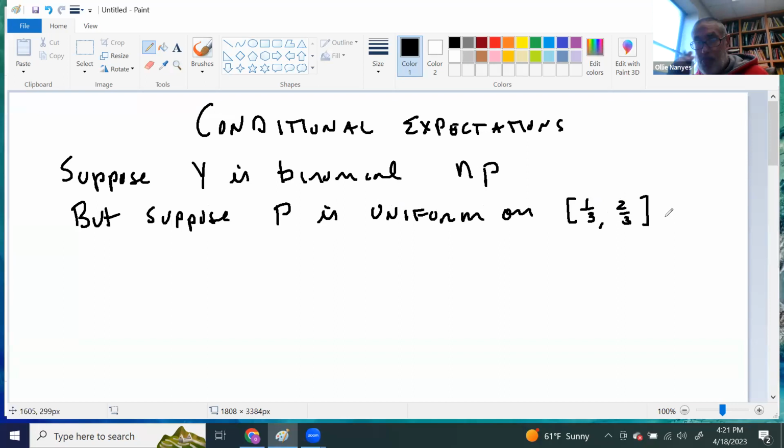In other words, p could be any value between 1/3 and 2/3 with no prejudice toward one particular value or another.